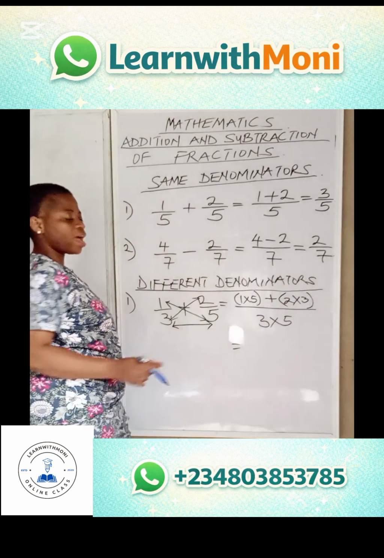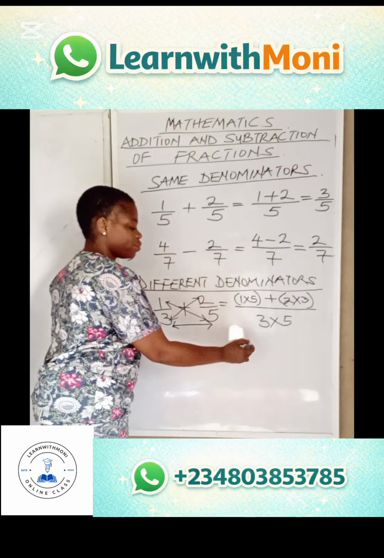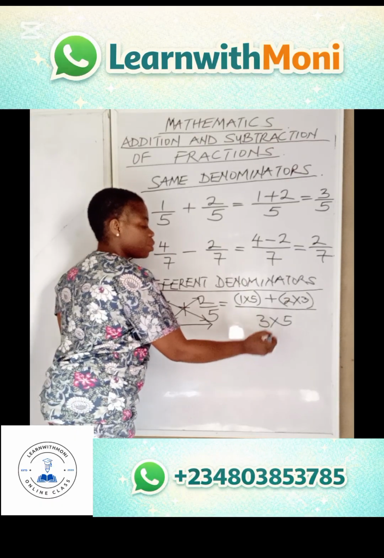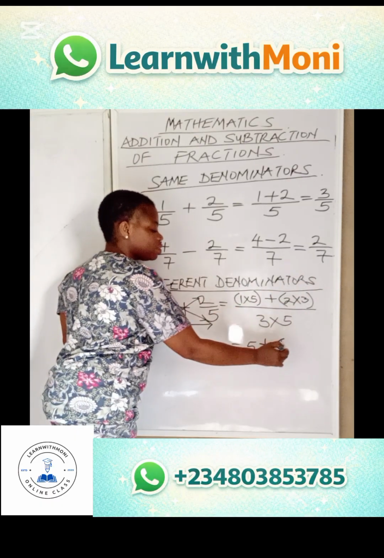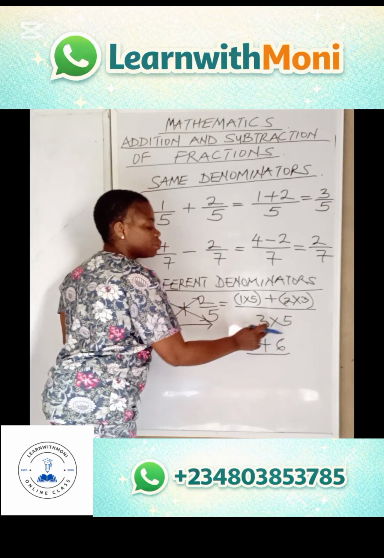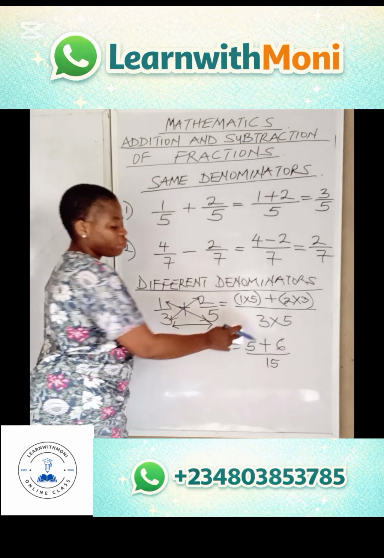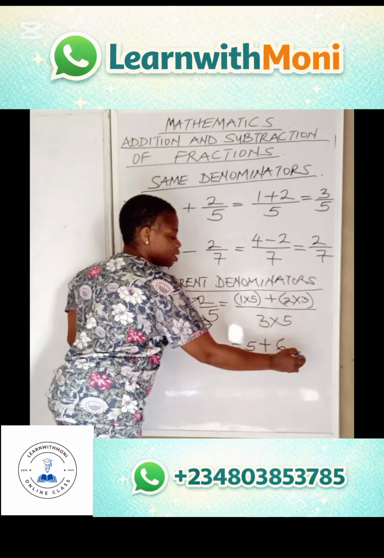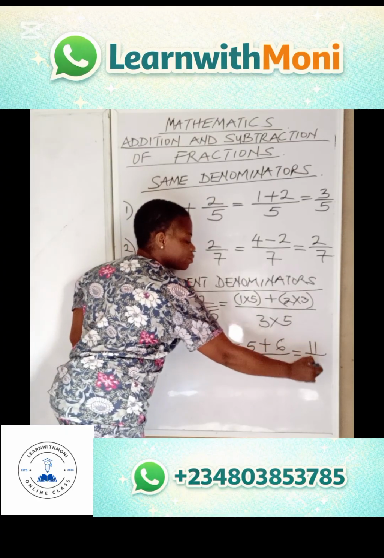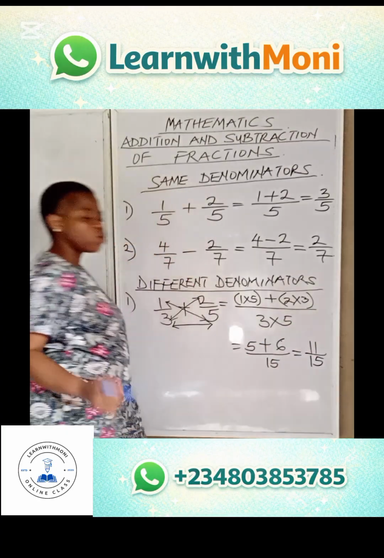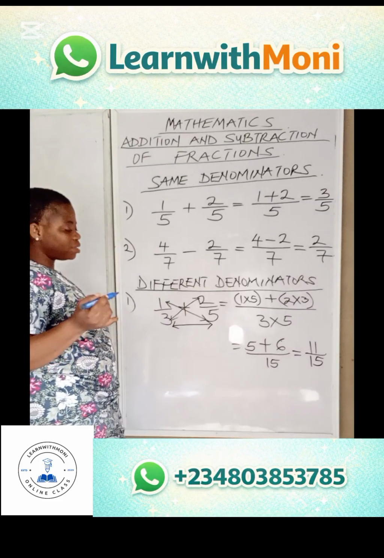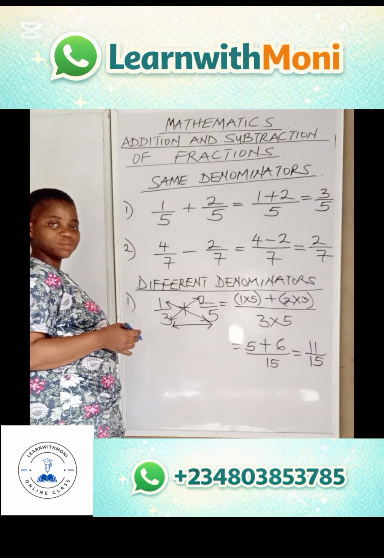In this case, I have 1 times 5 is 5 plus 2 times 3 is 6 over 3 times 5 is 15. So 5 plus 6, that is 11 over 15. That is one way of doing it, and it's very fantastic.